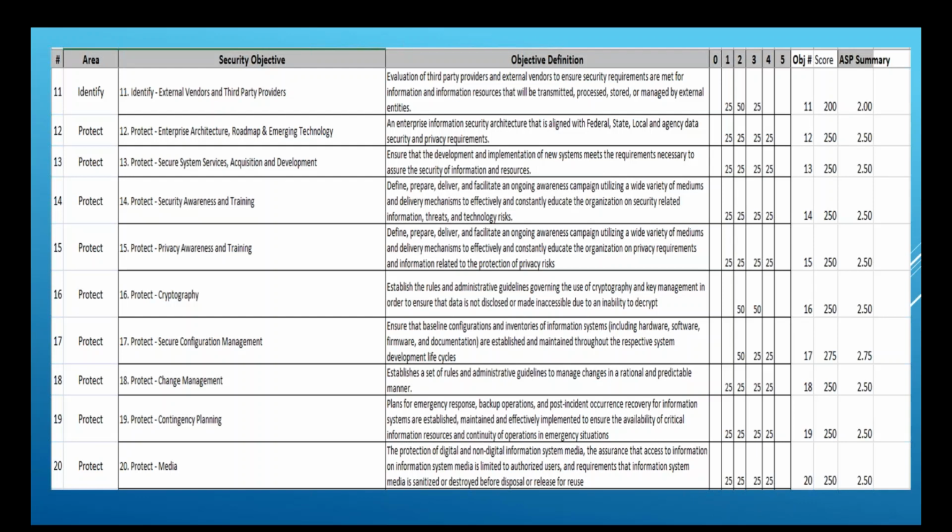Change management, our next objective. And this goes hand in hand with the configurations. Do we have a change management policy? Do we have a set of rules? Can someone just go in and make changes on the fly? Do they need to let everybody know what changes have been made? It's a critical piece.